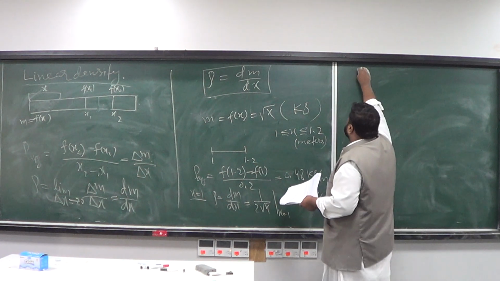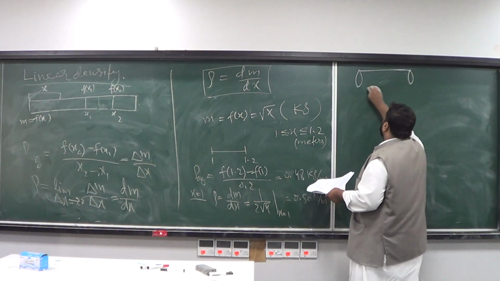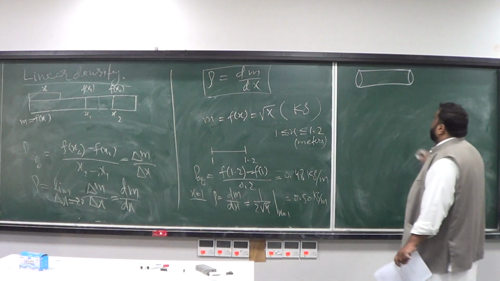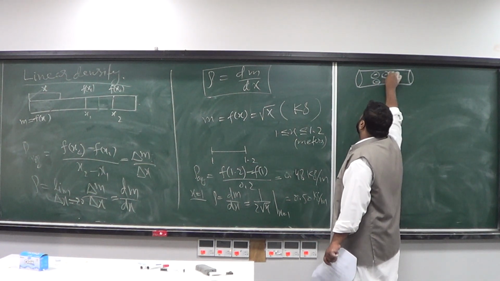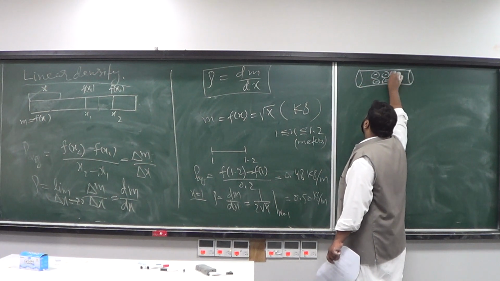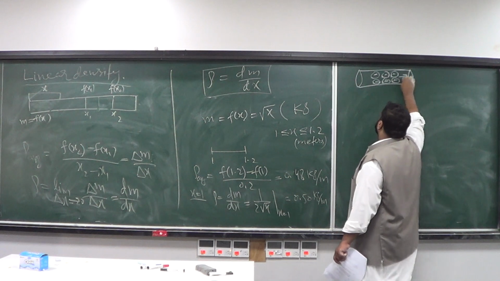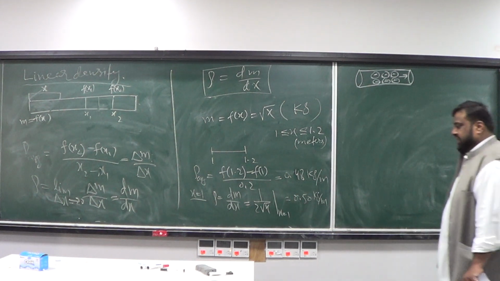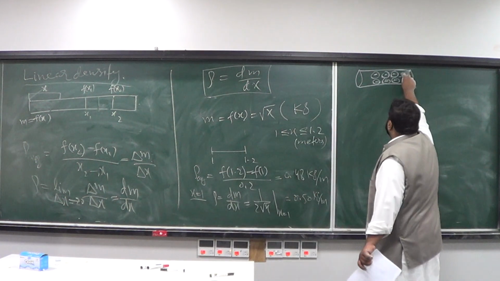So consider a rod or a wire. Imagine this is a wire, and there is a sea of electrons that is moving in this direction. Now, how do we define current?